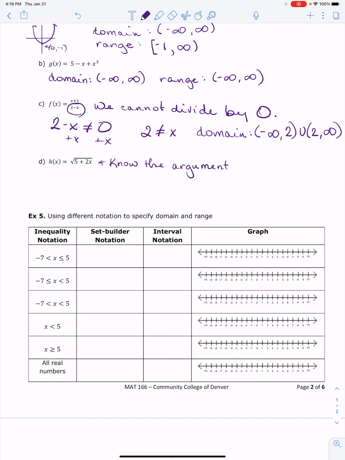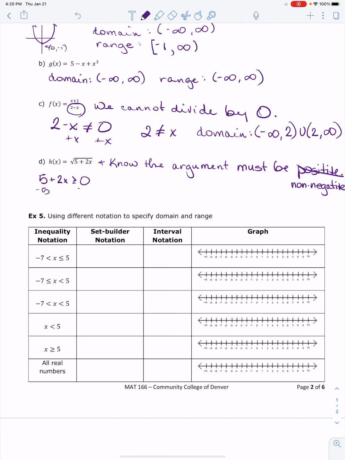So that's how we're going to solve this one. 5 plus 2x must be, I guess, positive's not the right word. We want non-negative. So it can be positive or 0, which is different than saying positive.